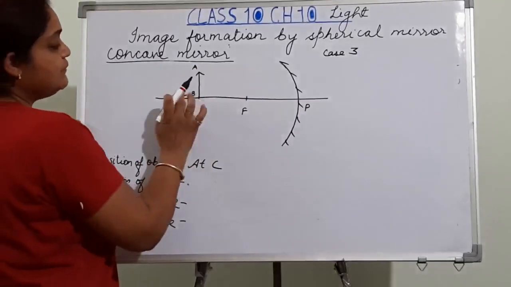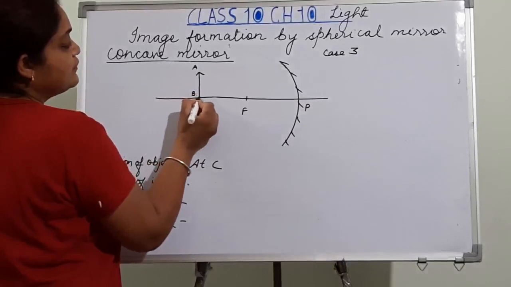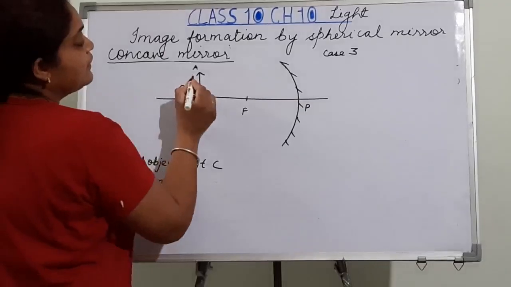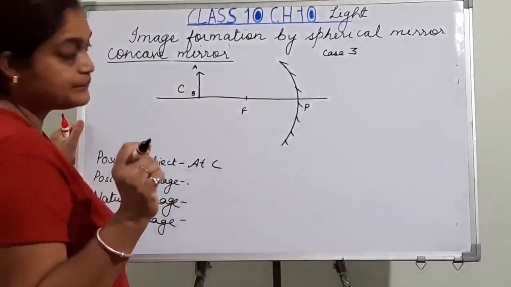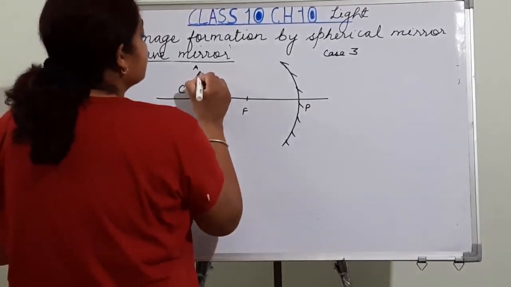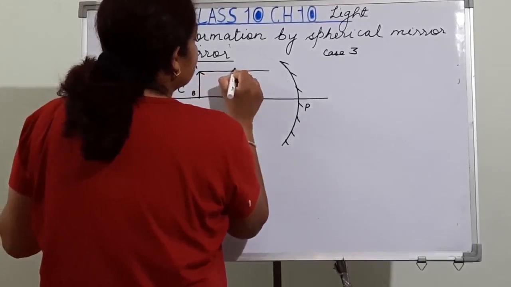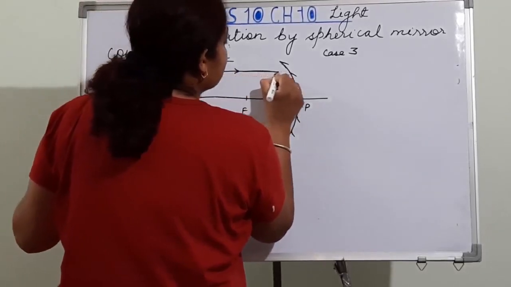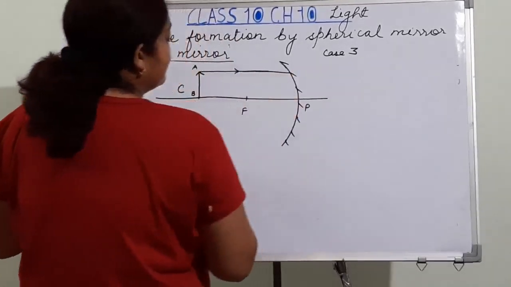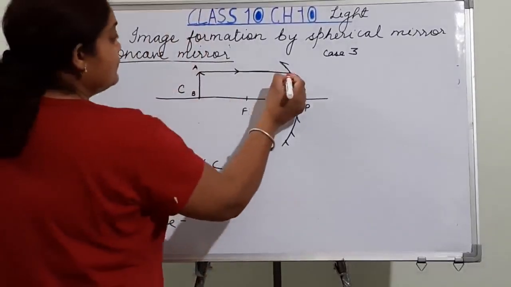This is object A, B, and this is center of curvature C. Now the first ray we will take parallel to the principal axis. So after reflection, it will pass through focus.